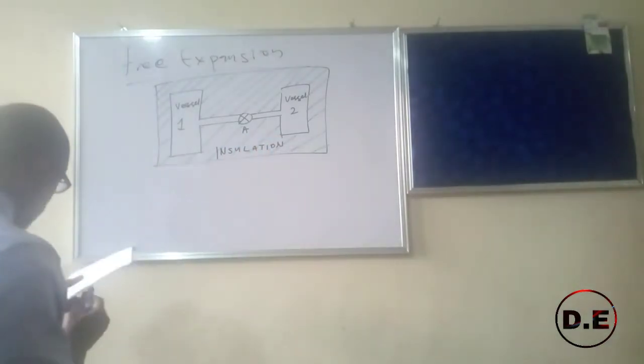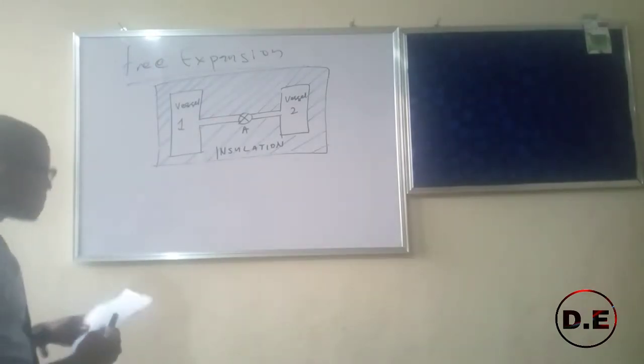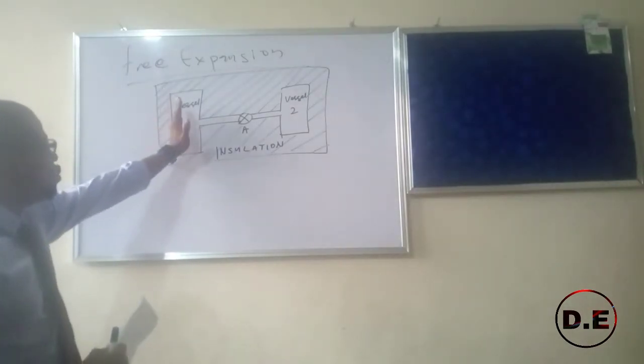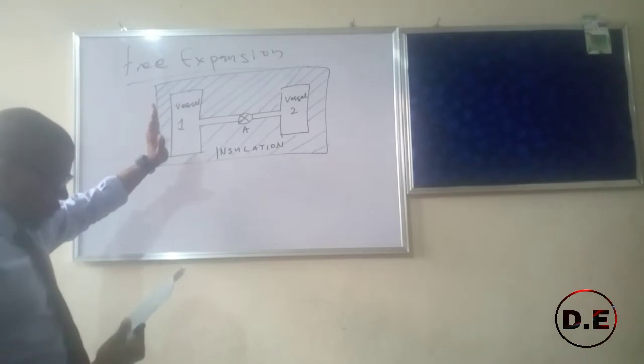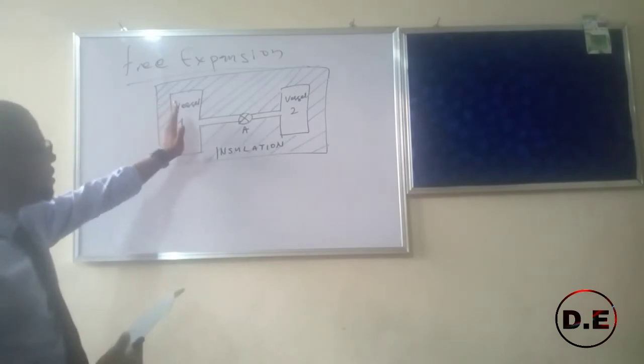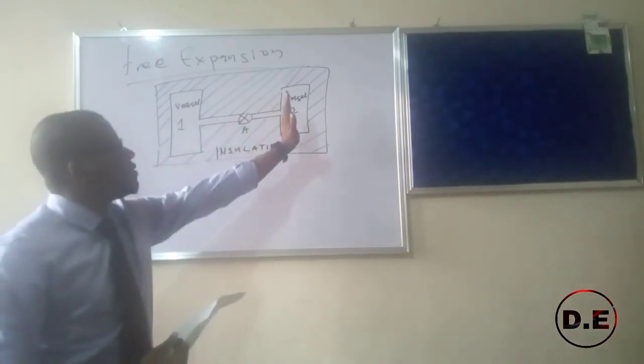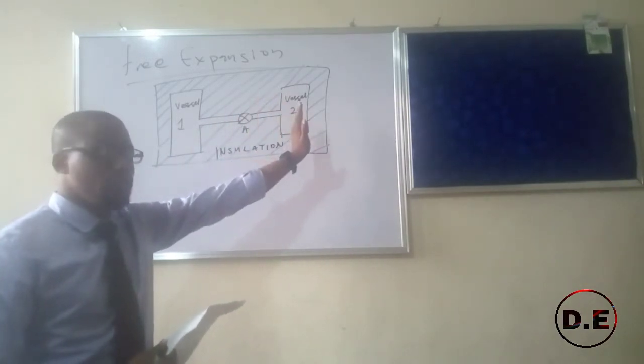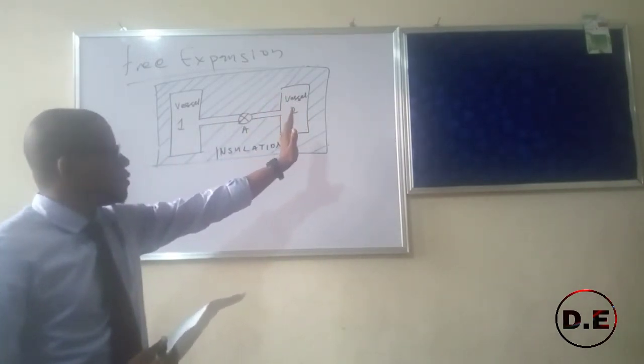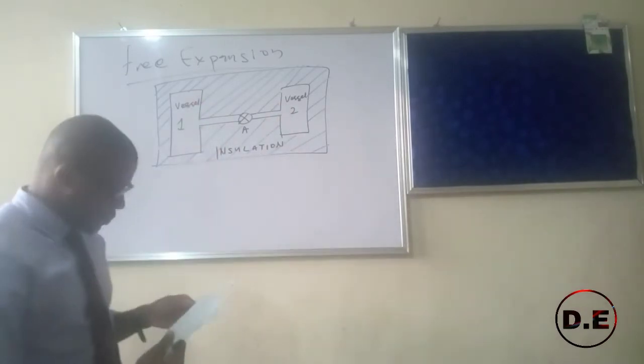Okay. Now, vessel 1 is initially filled with fluid at a certain pressure. Vessel 2 is evacuated, no fluid, free of the fluid.